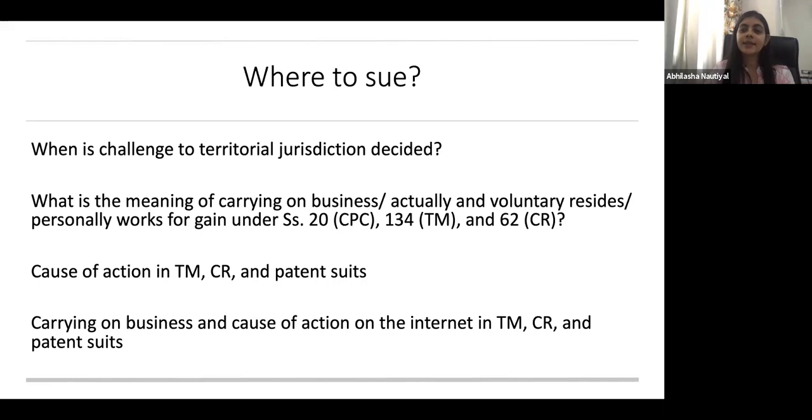At what places can cause of action arise based on the internet? And secondly, at what places is a plaintiff or a defendant carrying on business based on the internet? This is another development which needs to be considered when you're assessing which court will have jurisdiction.